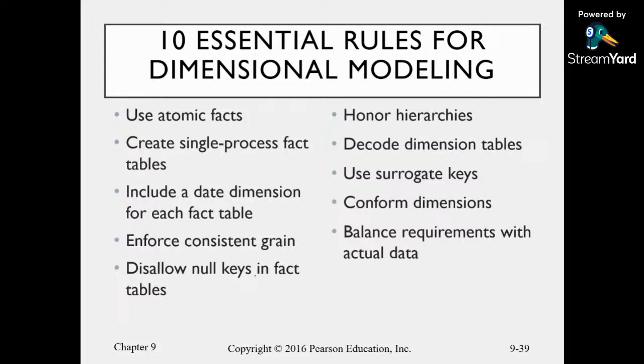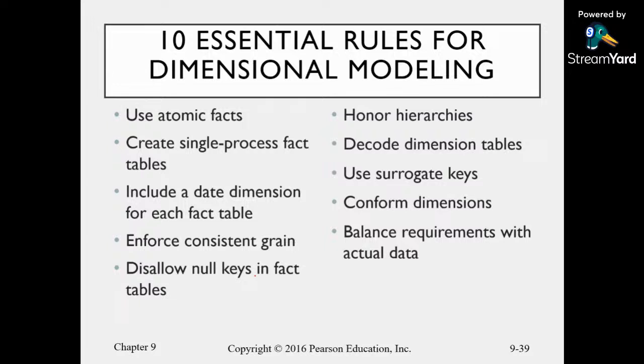So, use atomic facts. Eventually users want detailed data, even if their initial requests are for summarized facts, and that's why we need to have that. Creating single-process fact tables: each fact table should address the important measurements for one business process, such as taking a customer order or placing a material purchase order.